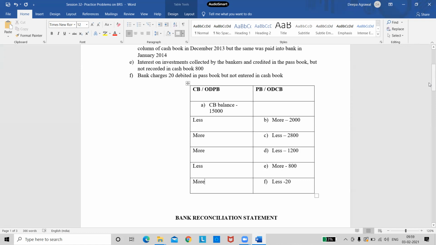Interest on investments collected and credited in the passbook, not entered in the cash book. So in the passbook it is entered. Whichever book records it first, go to that column. So I went to the passbook column, and this will increase my balance. So I wrote more by 800 rupees. So the cash book will be less.